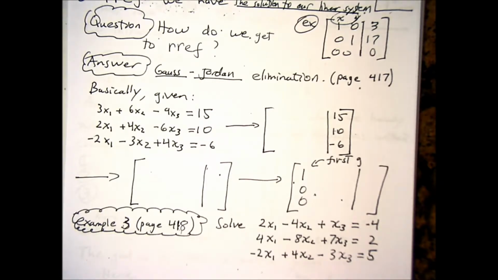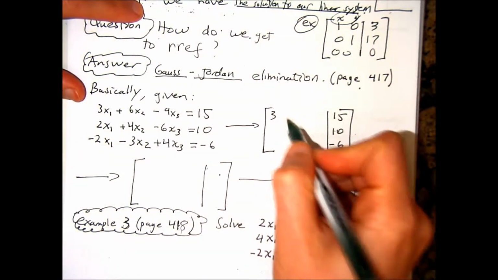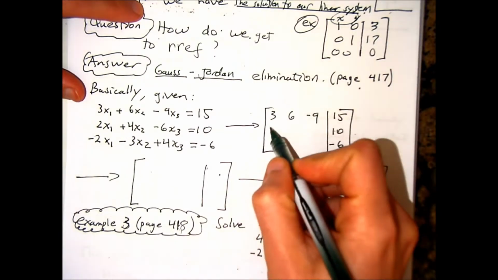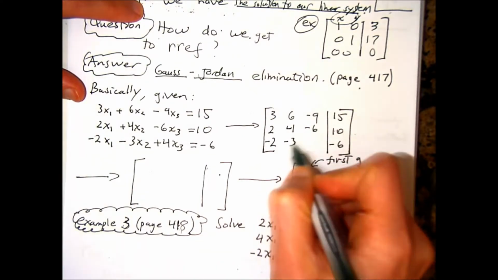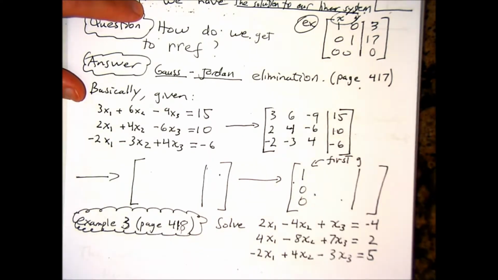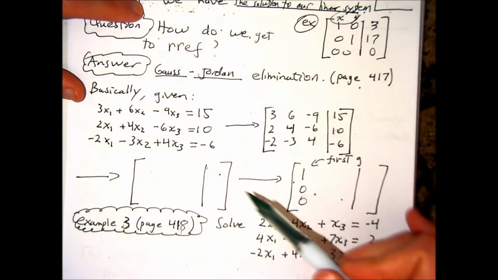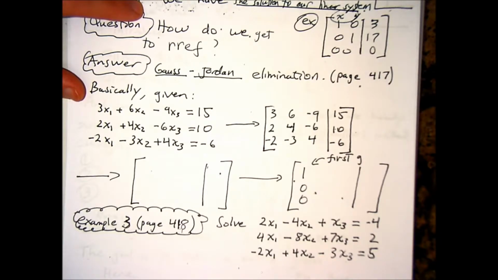Now the idea is you're given a system of equations, and you write the coefficients, as we know, because that's really the only important information to solve it. So there we have our matrix, our augmented matrix, and we want to do these steps to get it eventually into reduced row echelon form.